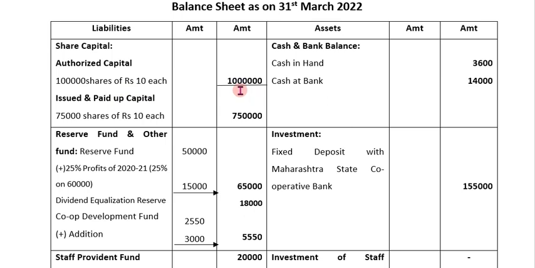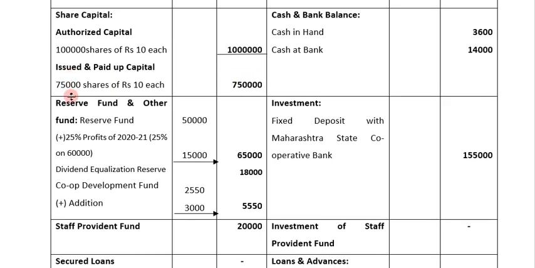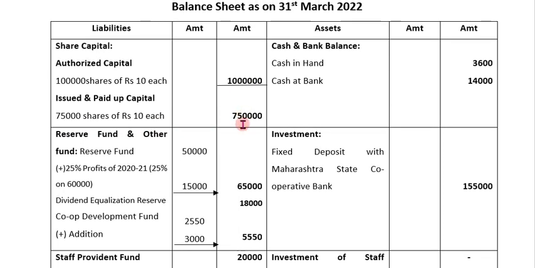So amount is 10 lakh rupees. Now share capital, issued and paid up capital, 7,500 shares of rupees 100 each. So amount is 7,50,000. So the first entry of share capital you have to note down on the liability side under share capital, that is 7,50,000.